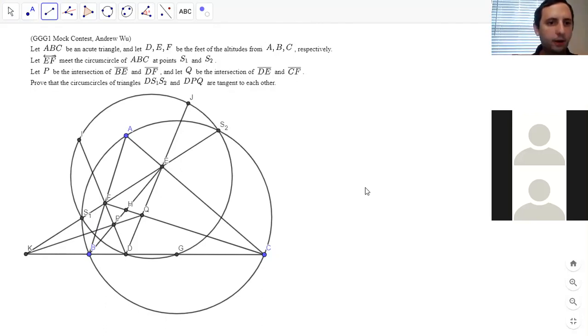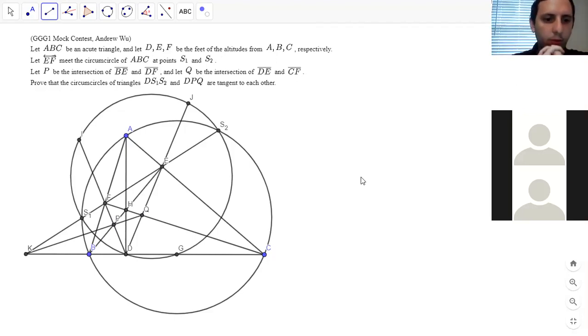Because K is the point that's in harmonic conjugation with D. By Brianchon's theorem, KP is the polar of A with respect to this circle, and KQ is the polar of A with respect to this circle.